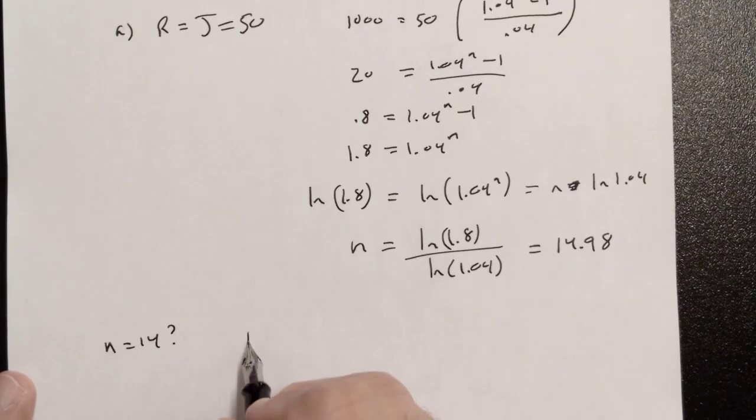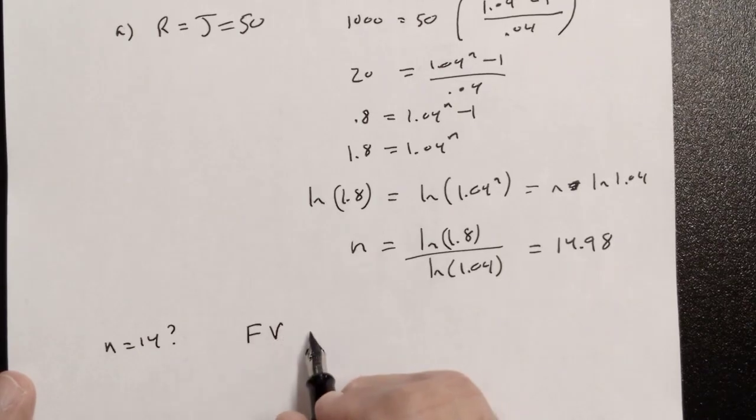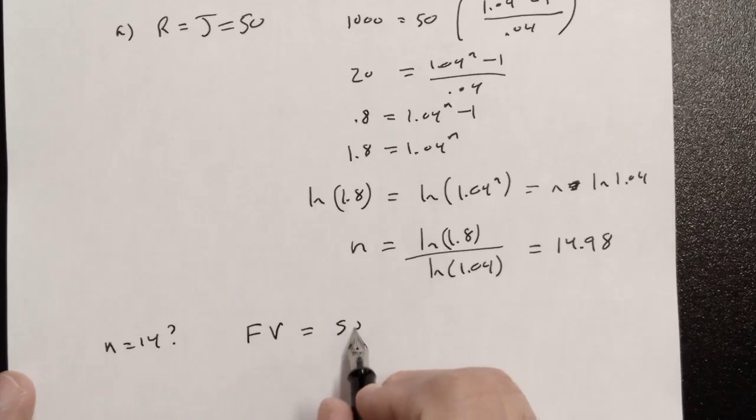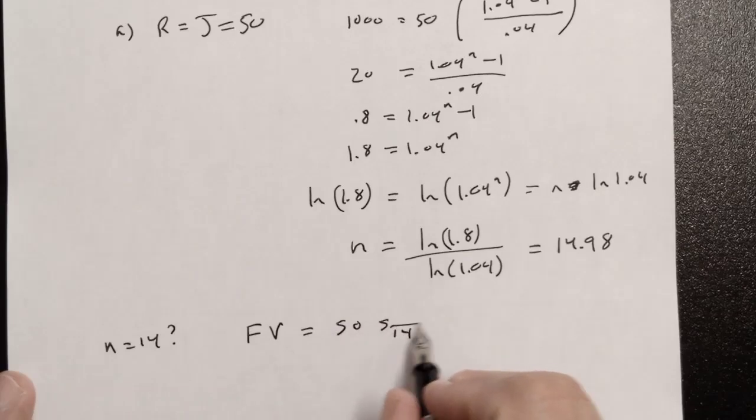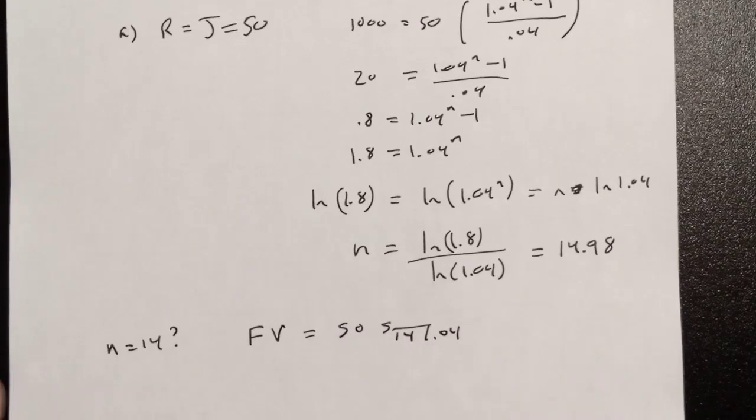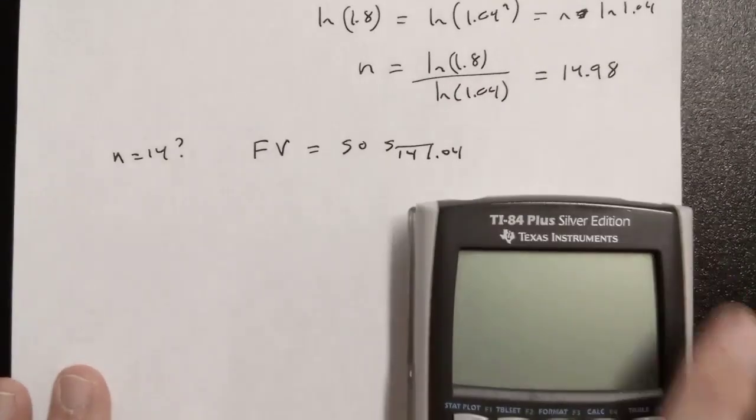Well, the future value of 14 payments would be that value. Now, I'm going to cheat 100% here. I'm going to do that on here.